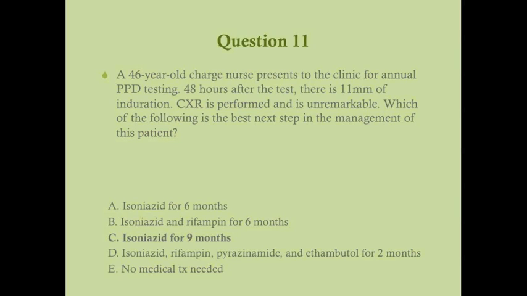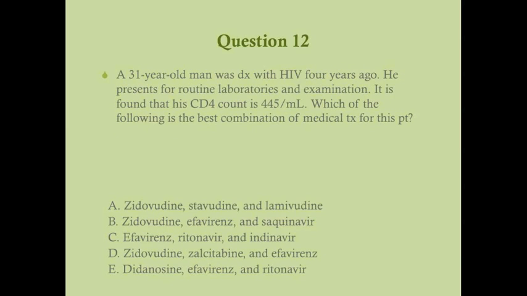We did the chest x-ray, we find out that it's unremarkable, so this is latent TB, not active TB. Since it's latent TB, we're going to treat her with isoniazid for 9 months. That's the standard of therapy. If it were active TB, then we would have to treat her with the 4-drug therapy.